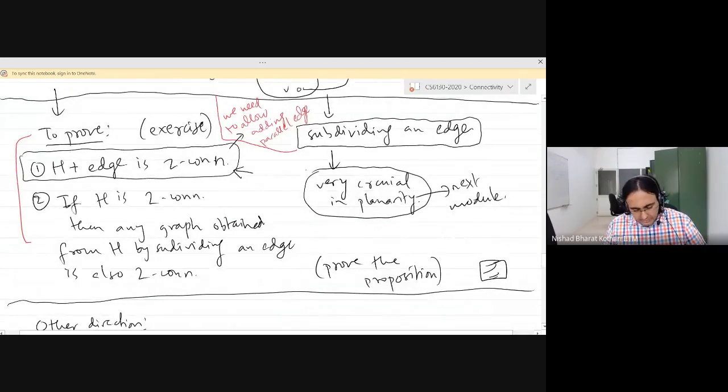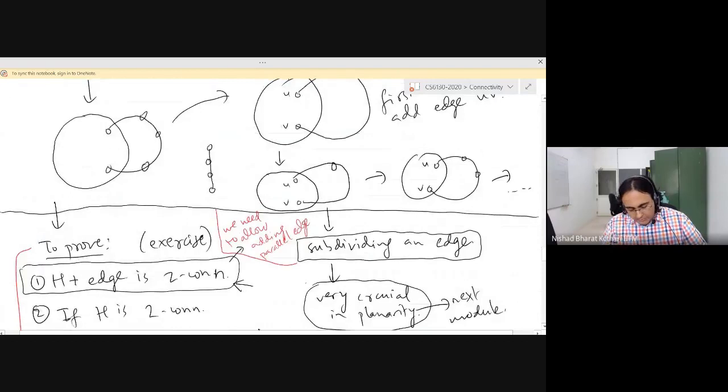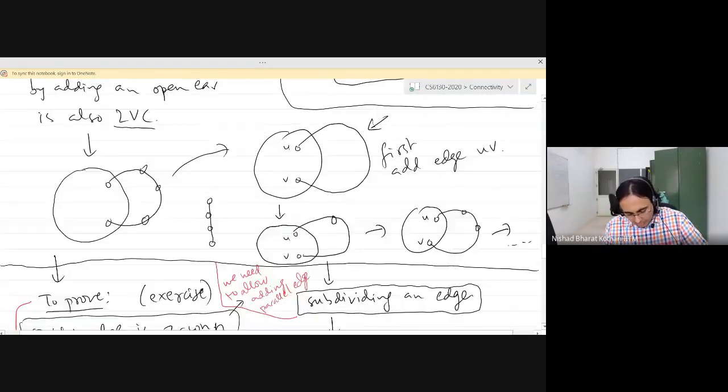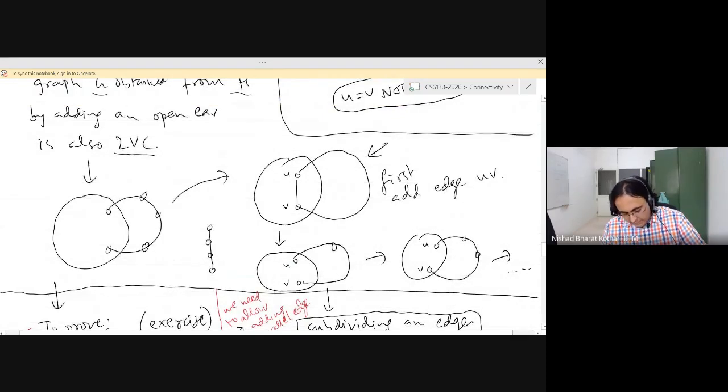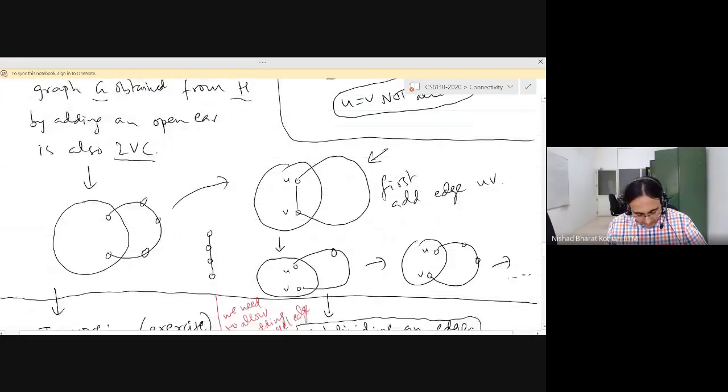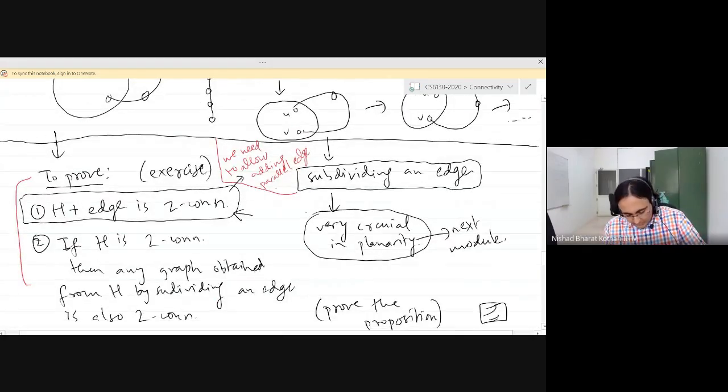At the end of the lecture, somebody asked, what if the two vertices are already adjacent? Supposing U and V are already adjacent in the graph, then can we add another edge between them? Actually, yes, in this particular way of proving the theorem, you need to allow adding a multiple edge, or what is called a parallel edge.